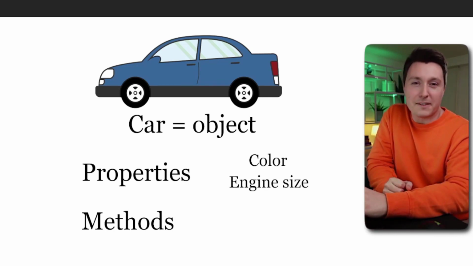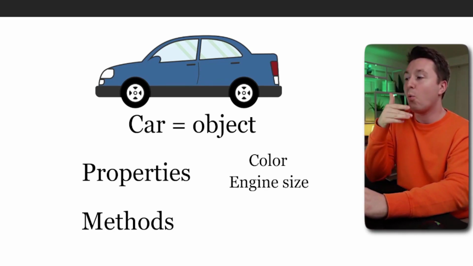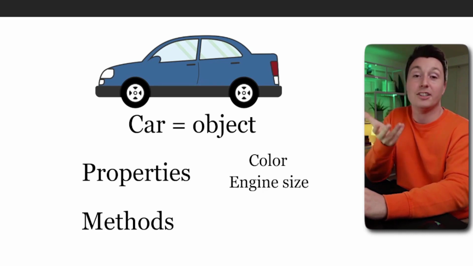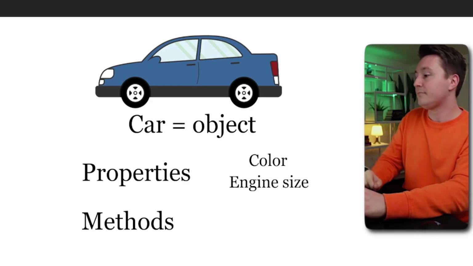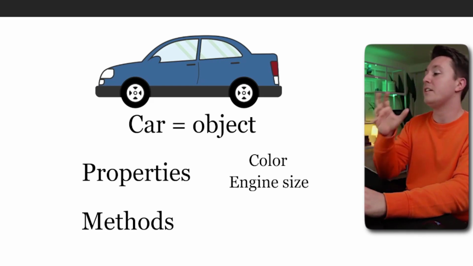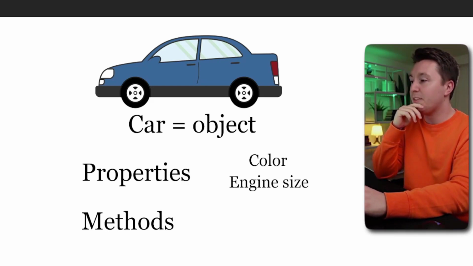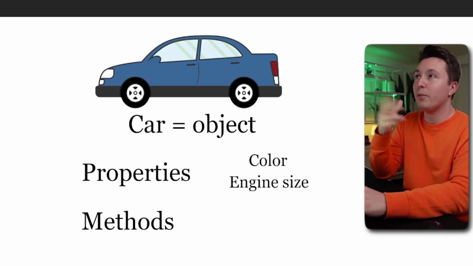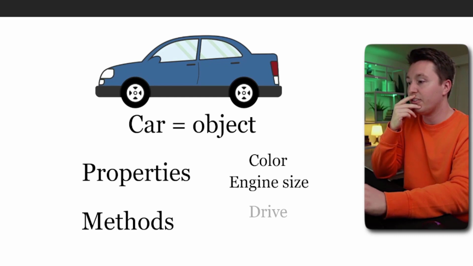Then there are methods, and methods are what the car does or what is done to the car. It differentiates from objects and properties by being something you do. You can put the word "to" in front of it and you'll see.